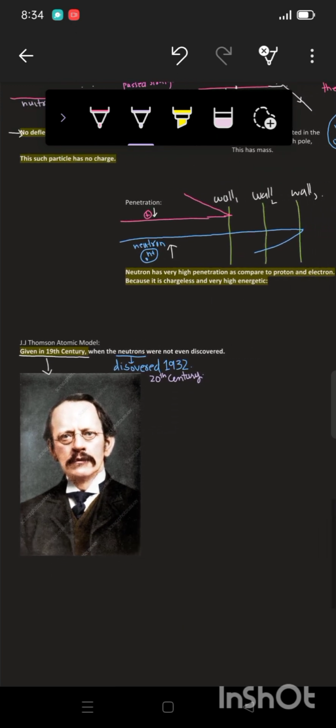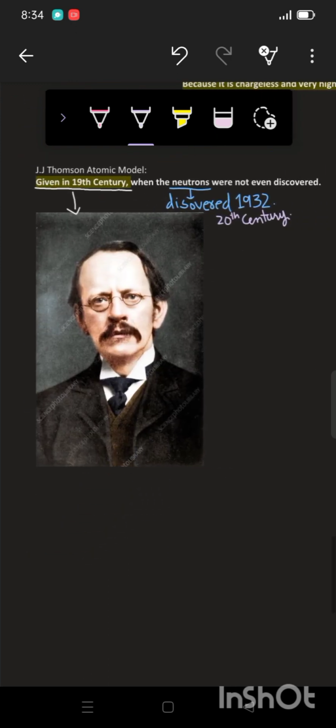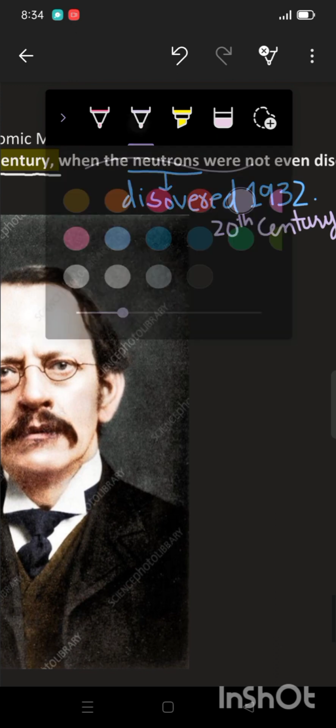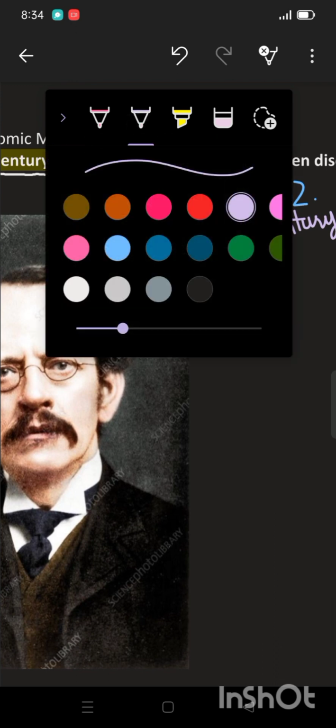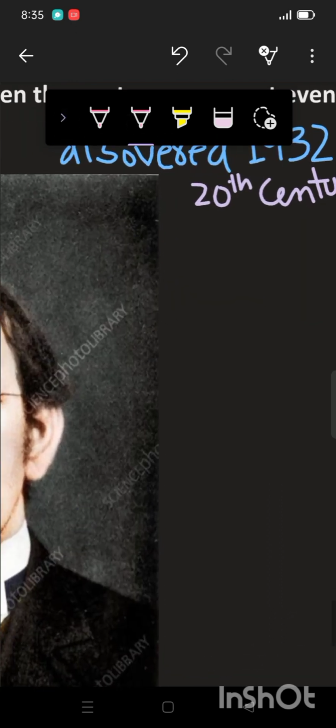Neutron was discovered in the 20th century means when he proposed his model, he only knew about two subatomic particles, which were electron and proton. So I can also write here, he only knew about two subatomic particles.